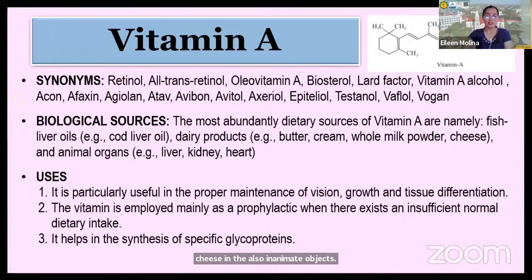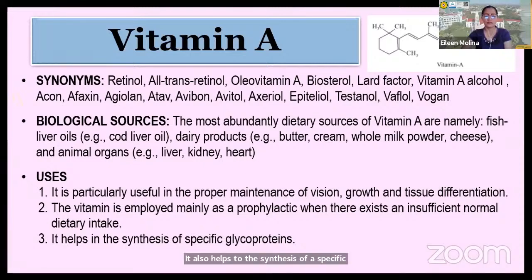For its uses, it is particularly useful in the proper maintenance of vision, growth, and tissue differentiation. The vitamin is employed mainly as a prophylactic where there exists an insufficient normal dietary intake. It also helps in the synthesis of specific glycoproteins.